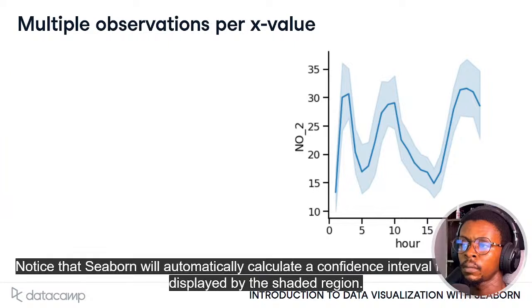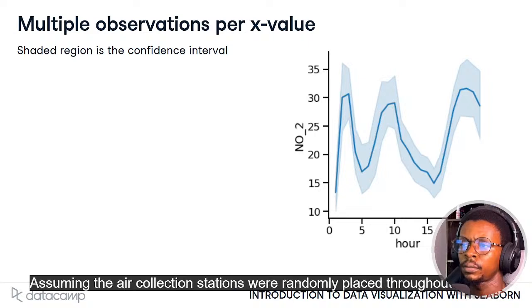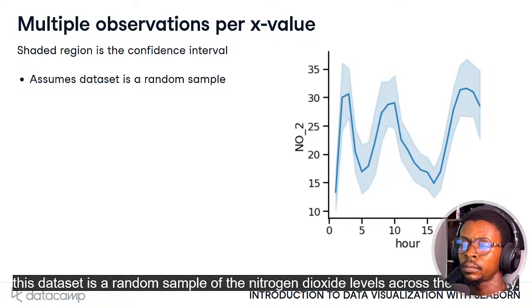Notice that Seaborn will automatically calculate a confidence interval for the mean, displayed by the shaded region. Assuming the air collection stations were randomly placed throughout the city, this dataset is a random sample of the nitrogen dioxide levels across the whole city.